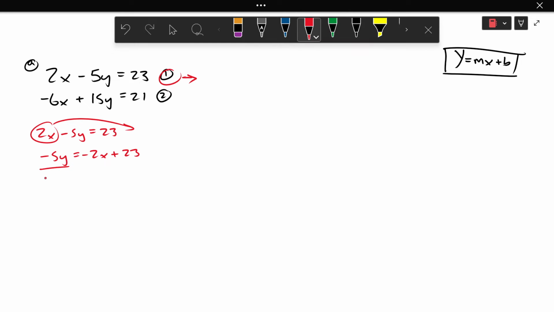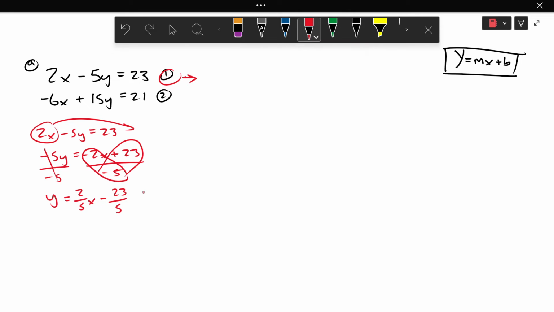I'm going to divide both sides by negative 5, which cancels out, and we get y equals, and I'm going to group these together. So negative 2x over negative 5, well, the negatives cancel out, and it becomes 2/5 x. And then positive 23 over negative 5 becomes negative 23 over 5.